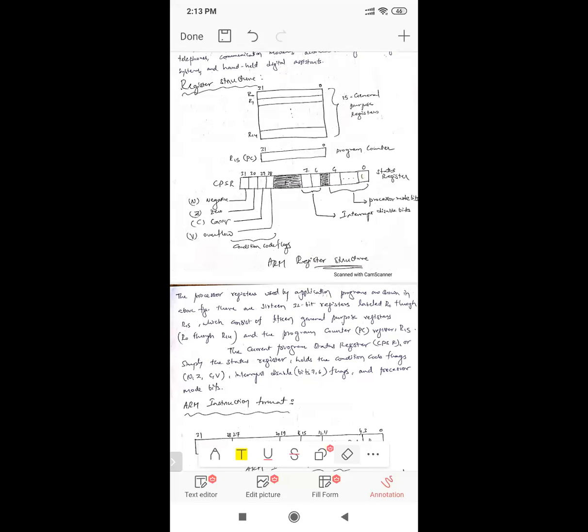Processor mode bits 0 to 5 are used as processor mode bits. The processor operates in two modes: user mode and supervisor mode. When the processor executes the programs written by the user, it must be in the user mode.